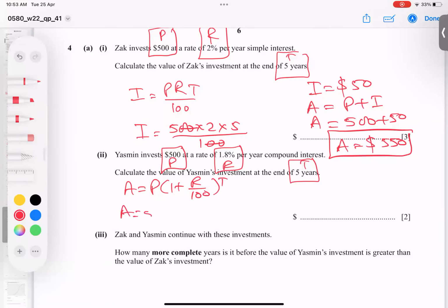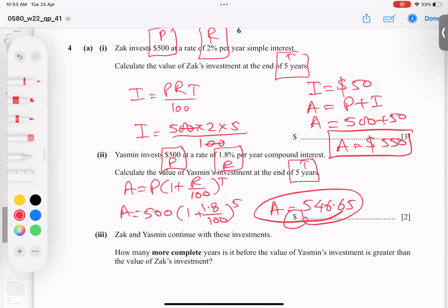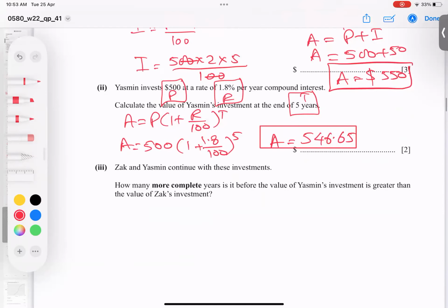This formula will give you a direct answer, no need to add. If I type it in the calculator, it gives 546.65. It is always dollars, so our value is always 2 DP. We have to give the amount to 2 DP. So let's go for the next part.